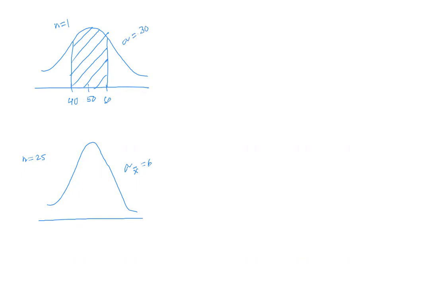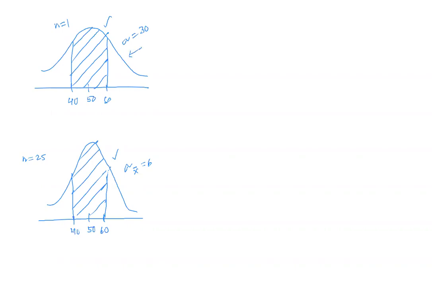So this one is narrower. If this is your 50, the chances of you being between 40 and 60 is gonna be a bigger area or bigger probability compared to the entire graph, whereas this shaded region is gonna be smaller compared to the entire graph.